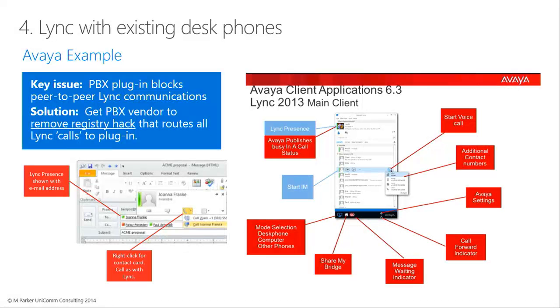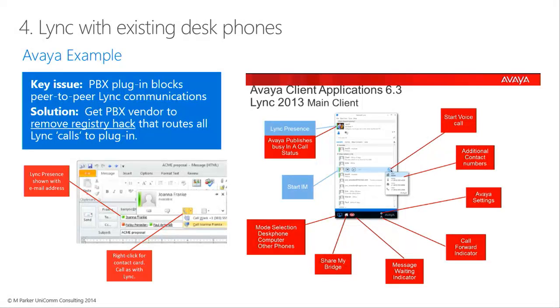So this works. Now, the dirty little secret of these clients, I'll tell you the specific of Avaya, they're really brassy about it. But what they do, when they install this, they disable voice and video calling peer-to-peer on Lync. So what they say is, we want control of all the real-time calls, voice and video, will route through my PBX.